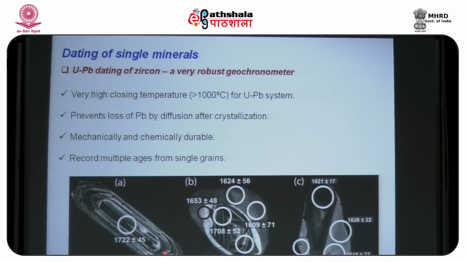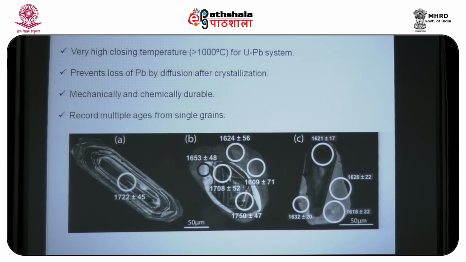As you can see in this figure, the shape, size and texture of the grains are very different, and we can analyze these different spots and get different ages which have very specific geological significance. For example, you can see the difference in ages in this core region and in this rim region, and also the shape and textural differences between these three grains.